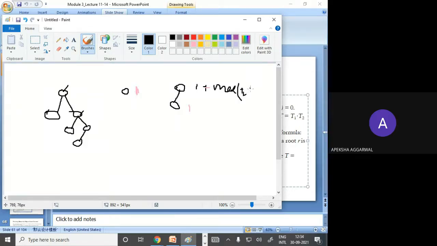T2 doesn't exist and the height of T1 is 1, right? So the total height would be 1 plus 1, that is 2. Clear? And the height of this tree, if I'm saying, how much is it?